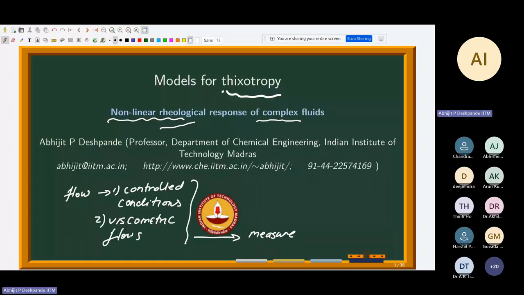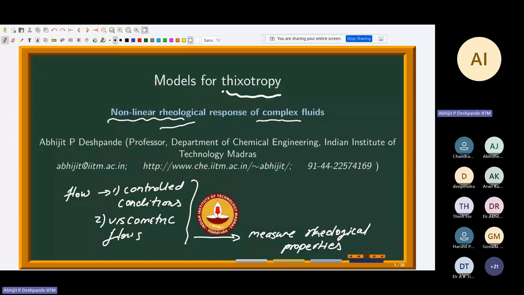So this leads to measurement of rheological properties. So that's a broad framework that is used to look at flow behavior in a controlled condition.